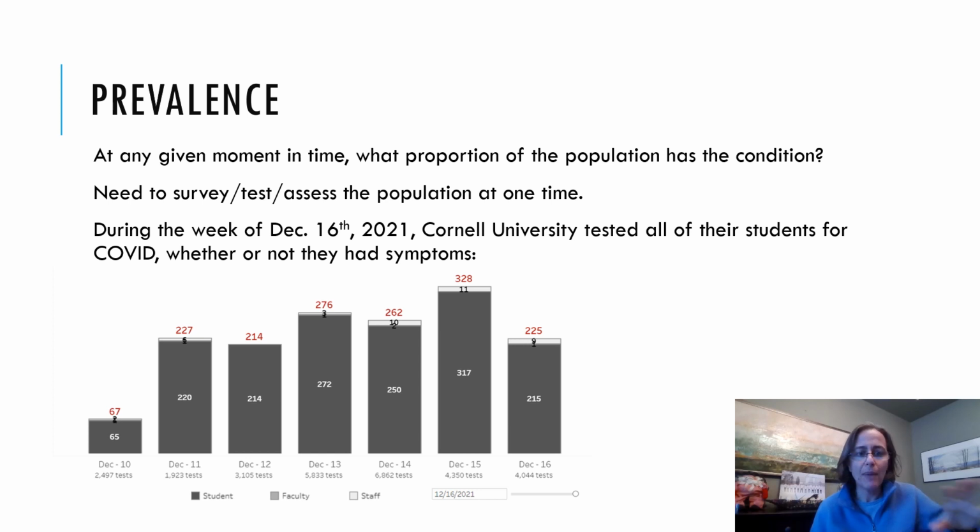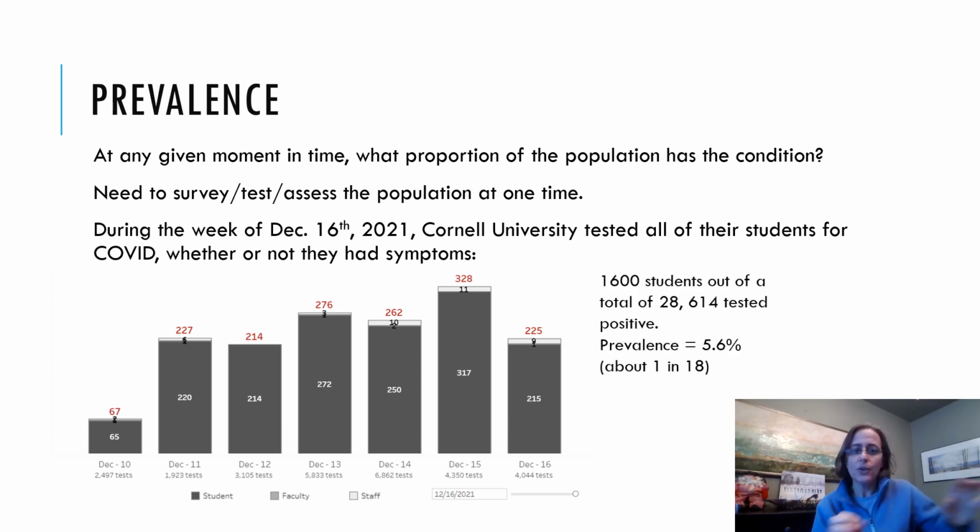Depending on the day of the testing, but look, there was quite a lot of COVID going around. They tested a total of about 28,000 and 1,600 students tested positive. So the prevalence was 5.6%. On any given day, approximately 1 in 18 students was positive for COVID.